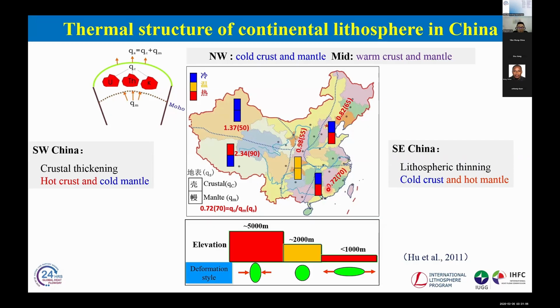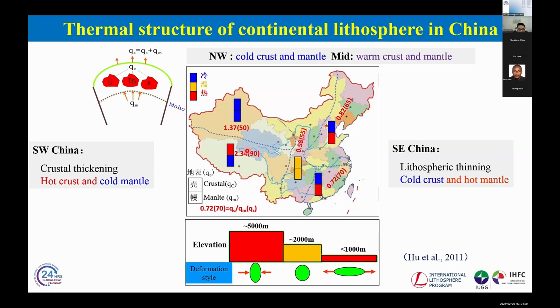A little bit more mantle material is upwelling in this area, which causes high heat flow and high temperature in the mantle. So we call it the hot mantle. Actually, the cold crust is just relative to that of the mantle. The crust is a little bit cold, but actually its temperature is also high.